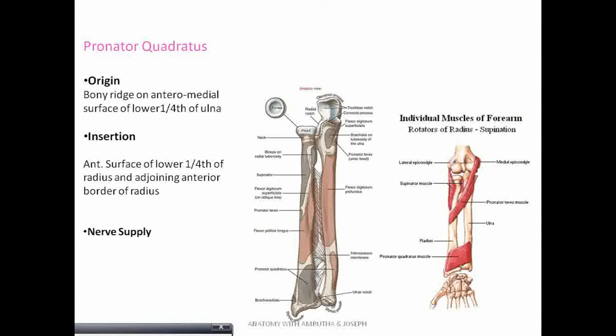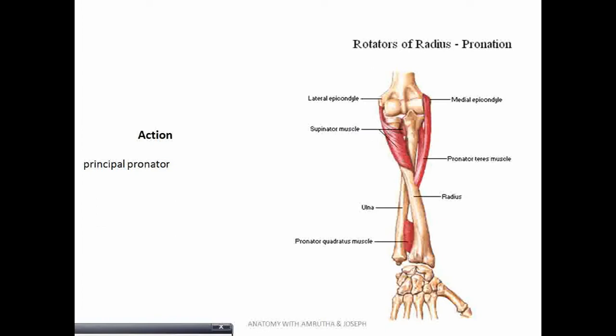Nerve supply: anterior interosseous branch of the median nerve. Action: it is the principal pronator of the forearm and the hand. The other pronator that we have seen already is pronator teres.